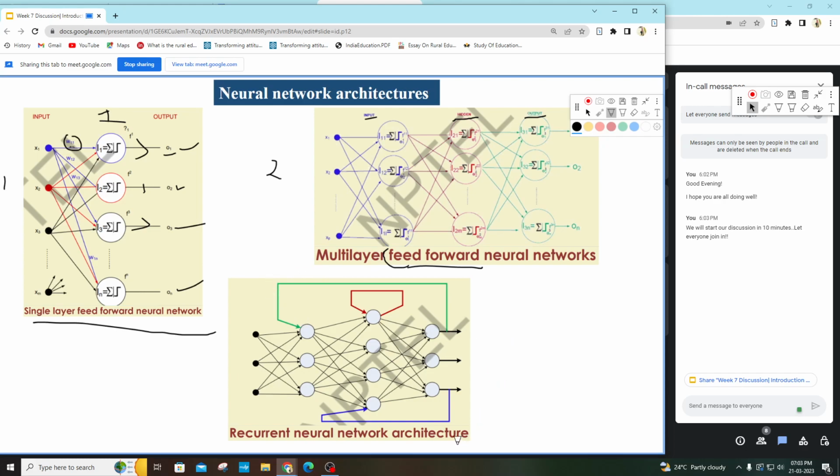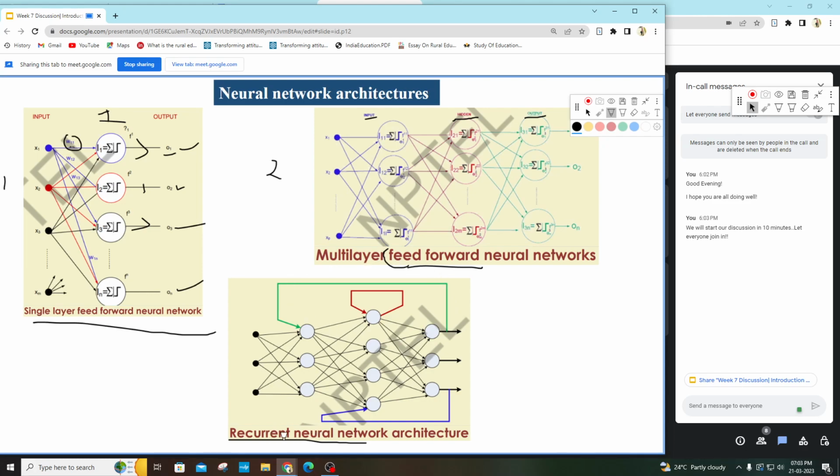So it is not feed forward, it is a recurrent neural network, because the information is passing not only in the forward direction but also in the backward direction.